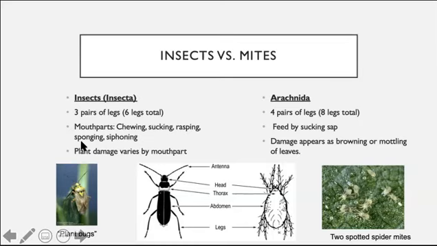They can have sponging mouth parts, kind of like a bee or a fly, or siphoning mouth parts. Think like the proboscis of a butterfly or a moth. So lots of different types of mouth parts, and as a result, the damage or the feeding that they do, the symptoms that they incur on plants varies a lot, depending on the type of mouth part that they have.